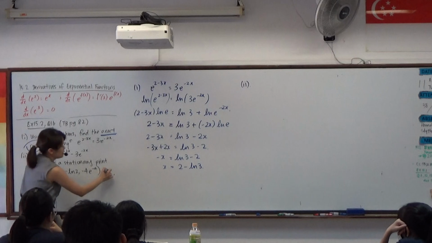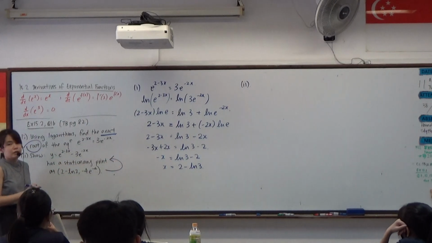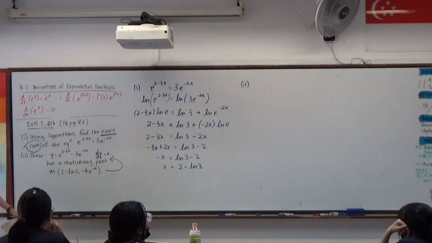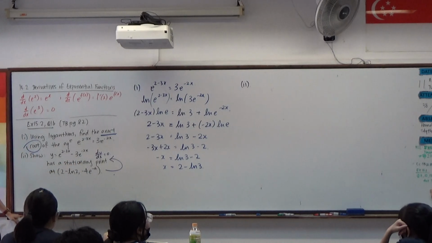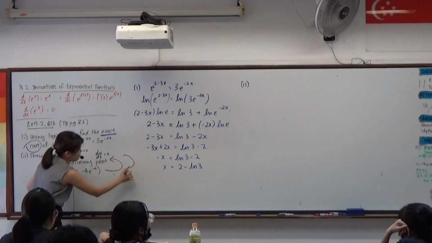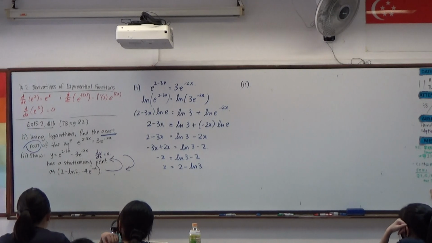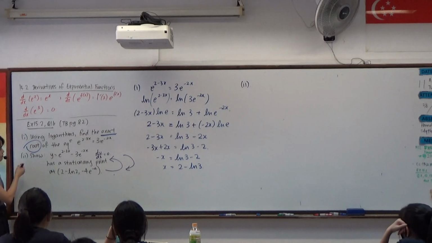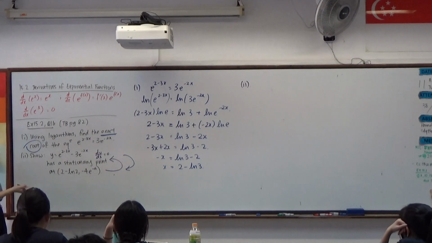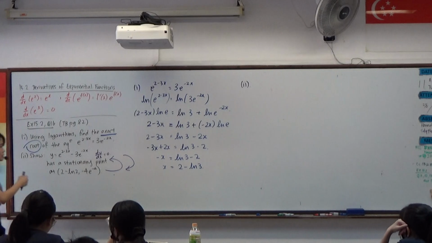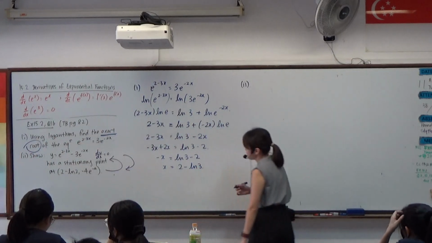The other way is that you know a stationary point must have dy over dx equals 0, then from here you try to find the point itself. There are 2 ways to get around this because the information is provided, unlike if they ask you to find the stationary point, then you can only go in this direction. So let's work on one of the directions first.